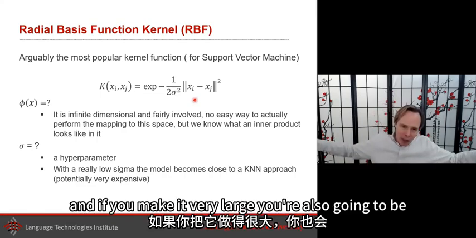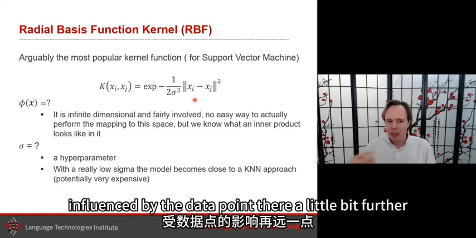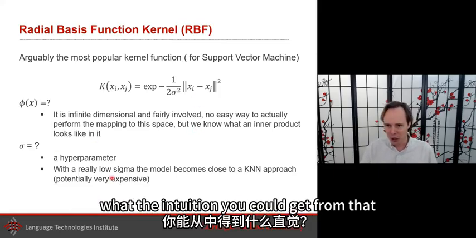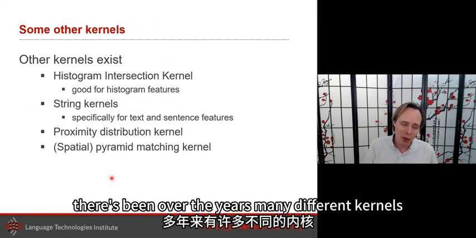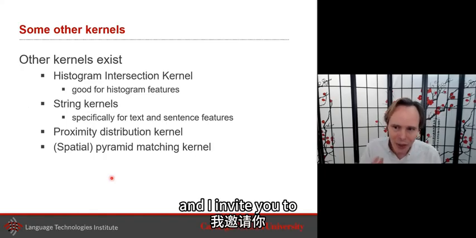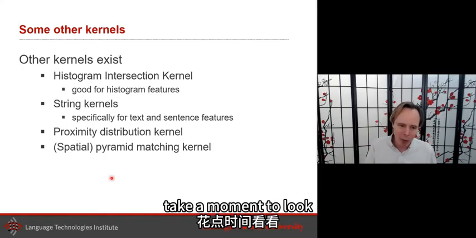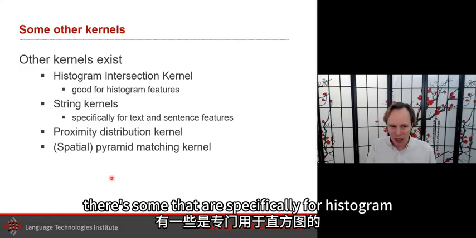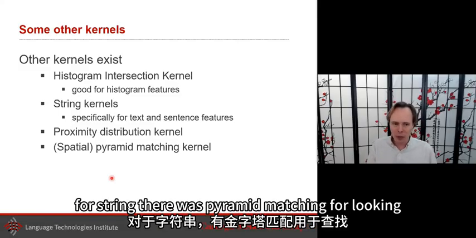If you make it very large, you're also going to be influenced by data points that are a little bit further. That's the intuition you could get from that. There have been many different kernels over the years, and I invite you to take a moment to look. Some are specifically for histograms, for strings.